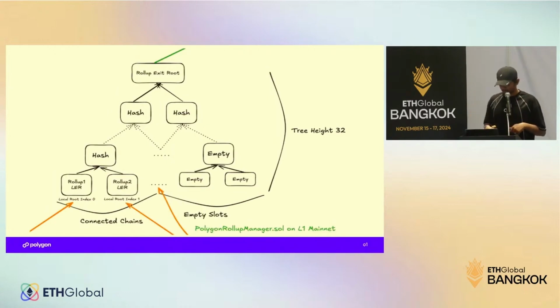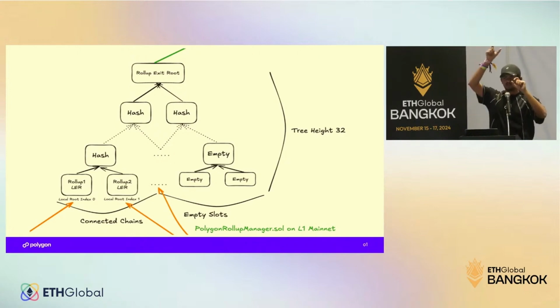What is the rollup exit root exactly? You have 5 layer 2s, for example, and there is a single rollup exit root for all these 5 L2s. As soon as you add leaf nodes to multiple local exit tree roots, it will update multiple local exit tree roots, right?